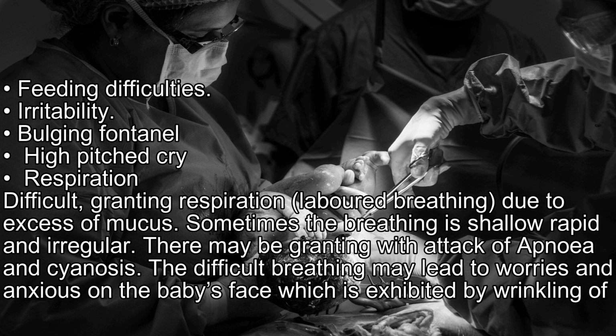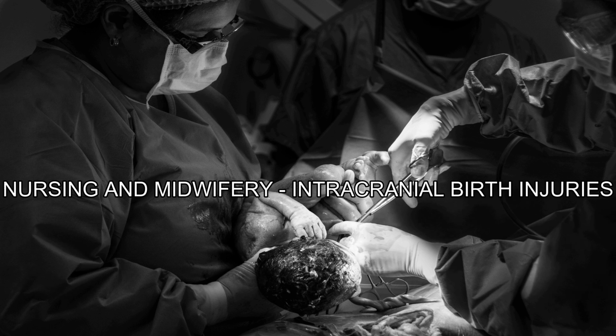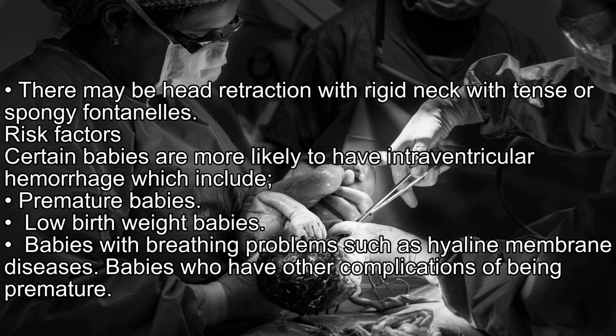Sometimes the breathing is shallow, rapid, and irregular. There may be grunting with attacks of apnea and cyanosis. The difficult breathing may lead to a worried and anxious look on the baby's face, exhibited by wrinkling of the forehead. There may be head retraction with a rigid neck with tense or spongy fontanelles.